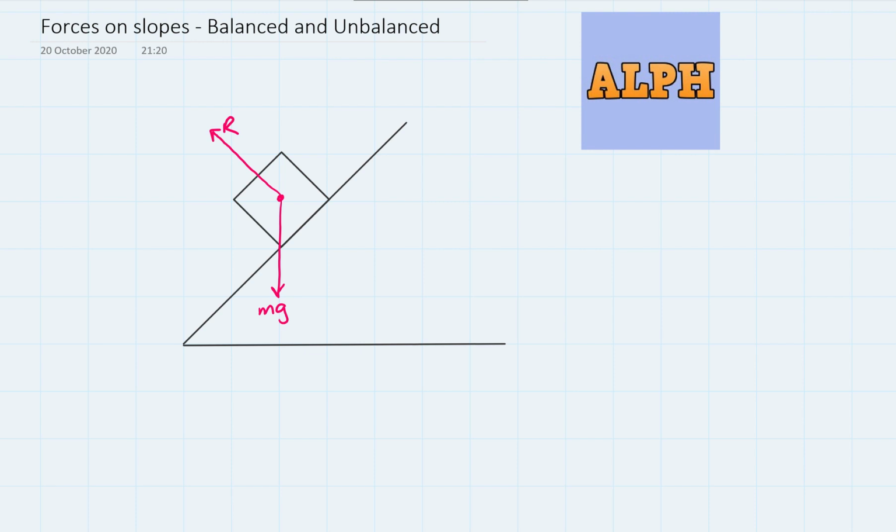Let's talk about balanced forces first. So let's change the colour pen and let's talk about the forces that are keeping my box from sliding down the slope. The force that's keeping my box from sliding down the slope is friction. Maybe I should label these, in a different colour as well.